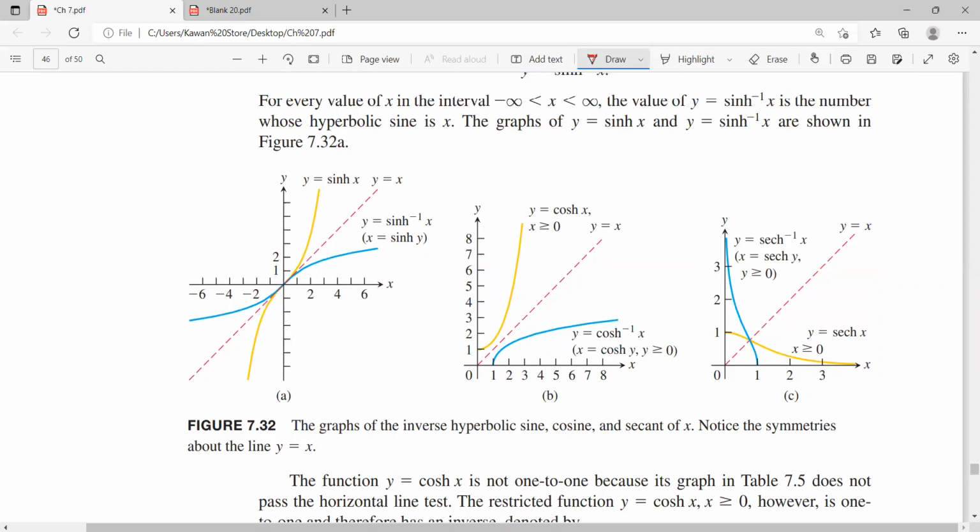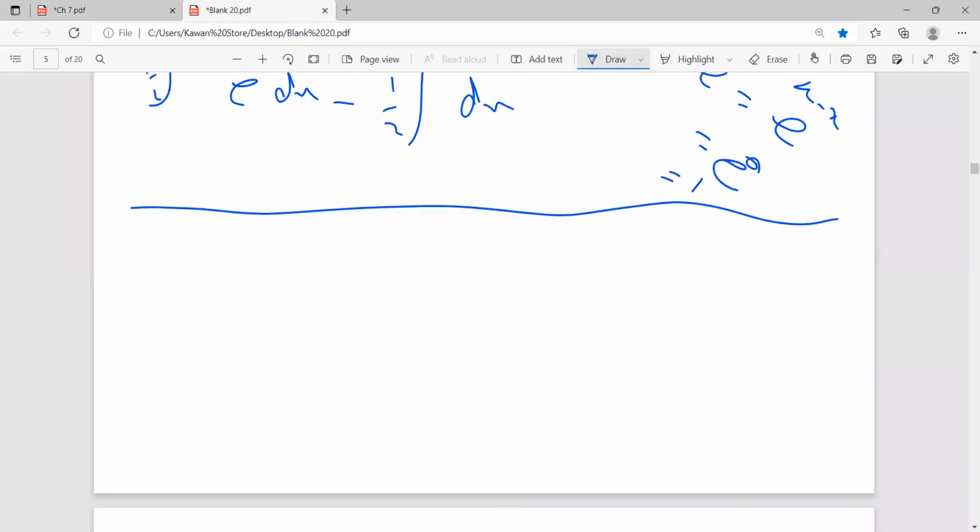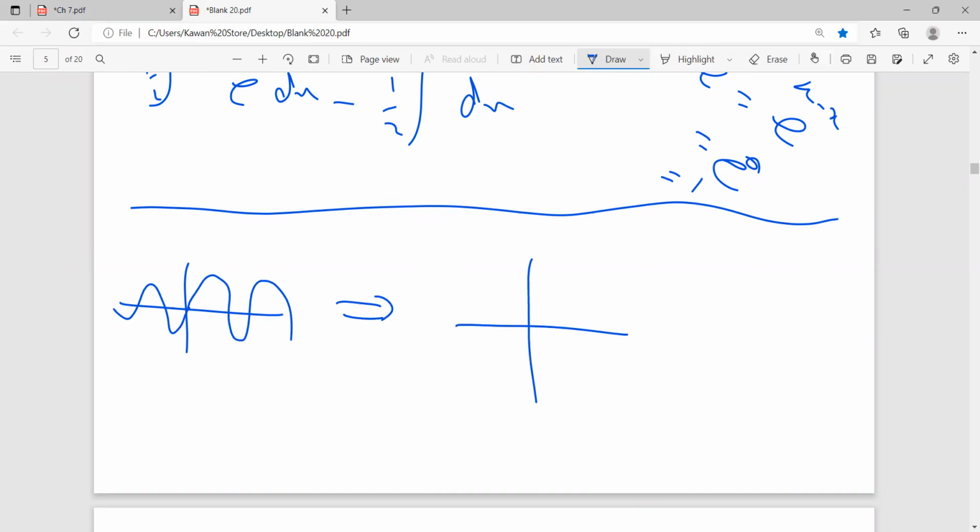We cut it, right? Why do we cut the domain? For example, if you try to find the inverse of that function, we should change it to something like that. Do you remember that? Why do we cut it?